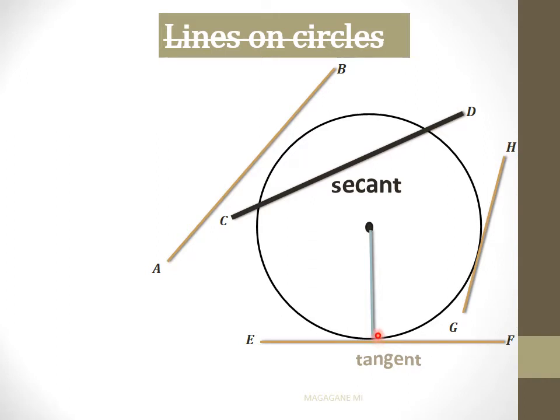So this angle is equal to 90 degrees because a tangent is perpendicular to the radius. This is very, very important in analytical geometry and geometry. The radius is perpendicular to the tangent at the point of contact.